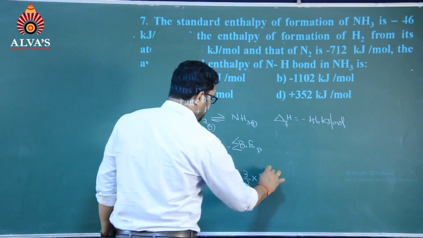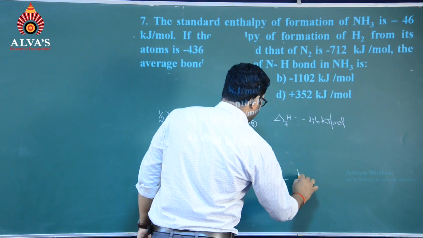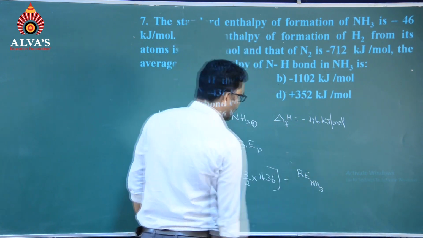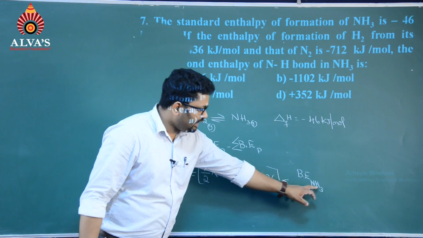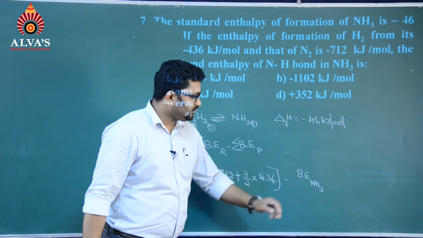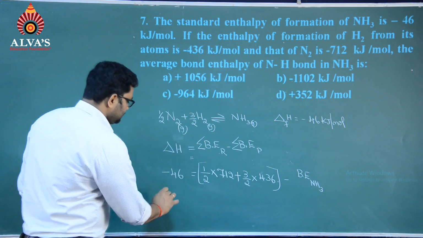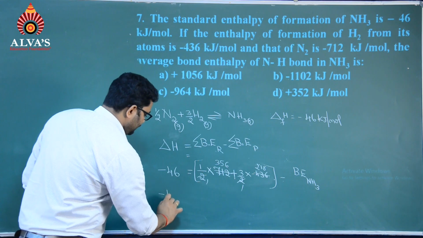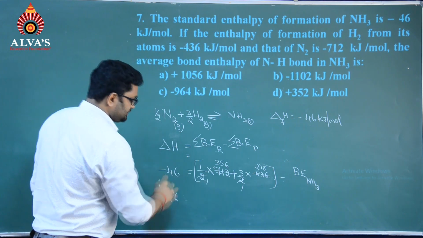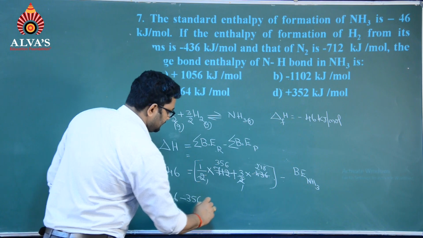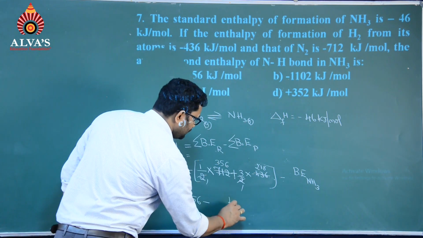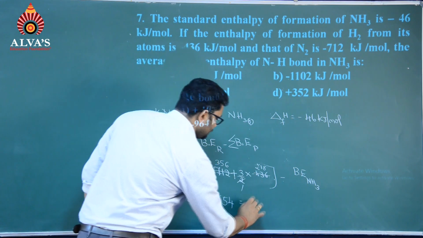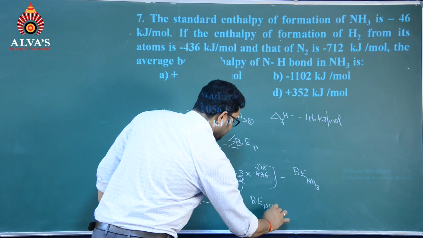This is the reactant part, and then the bond energy of ammonia. For ammonia, we have 3 NH bonds, so we have to calculate the average bond energy. Now this is minus 46 and minus the bond enthalpy of ammonia. Now you can take the values to the left side, it is minus 356 and minus 654, since 3 8s are 24, 3 1s are 3, 5, 3 2s are 6, that is equal to the bond enthalpy of ammonia.